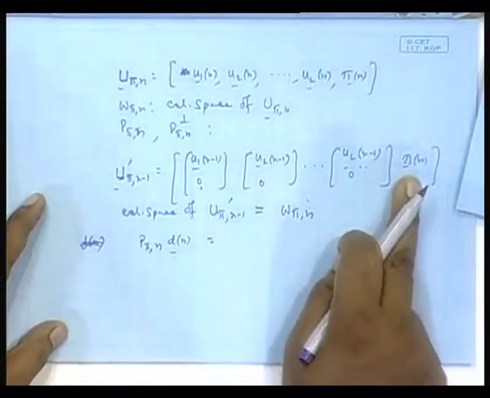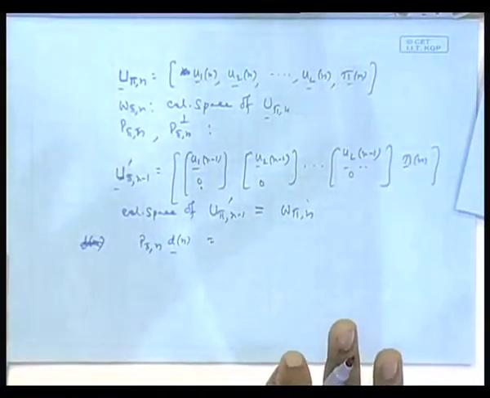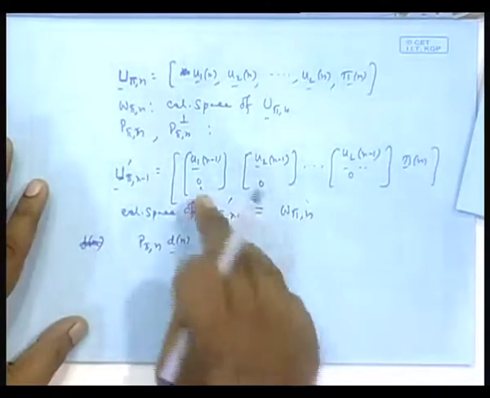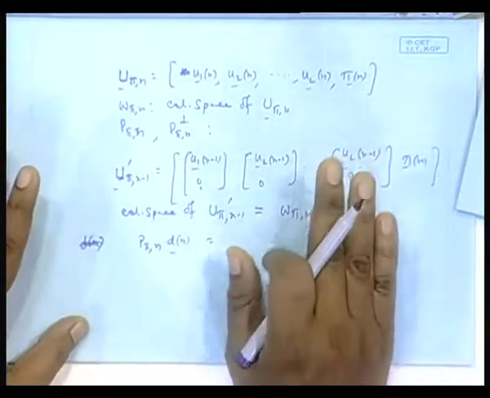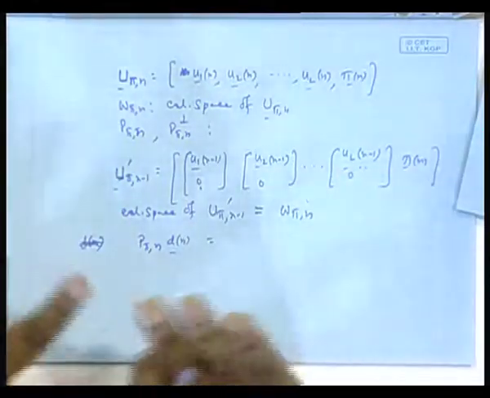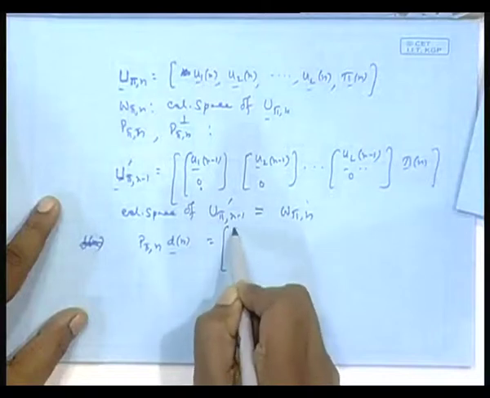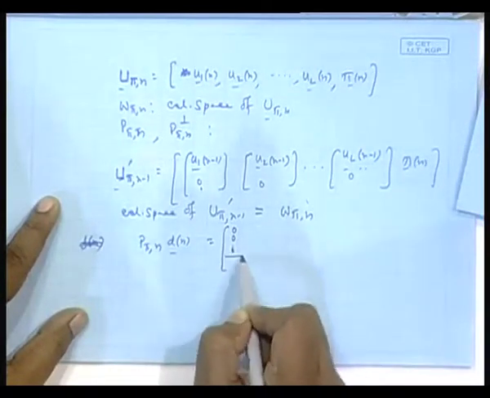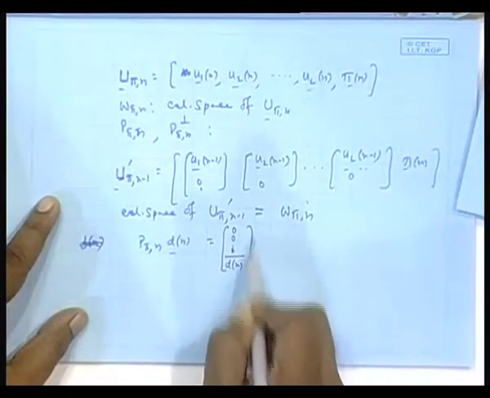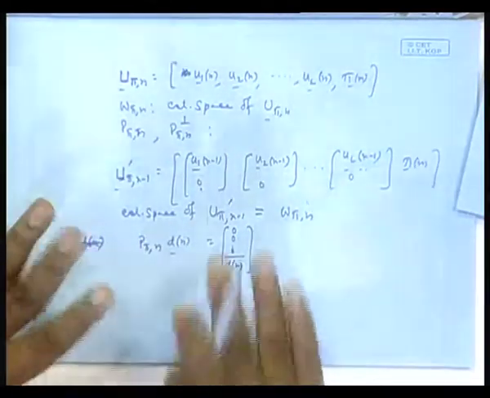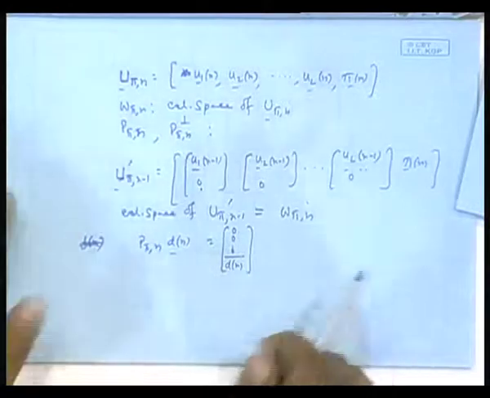The projection on pi n, we have already seen what it is on the previous page, irrespective of whether you have one column vector or many. The projection of dn on pi n is the inner product with pi n divided by the norm square of pi n, times pi n, that was giving rise to 0, 0, 0 and the last component. We have seen that. Please do not ask me to repeat this. We have seen dn on pi n, we all know what it is.